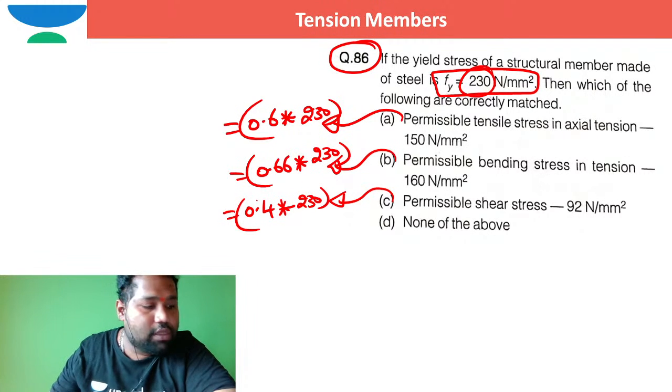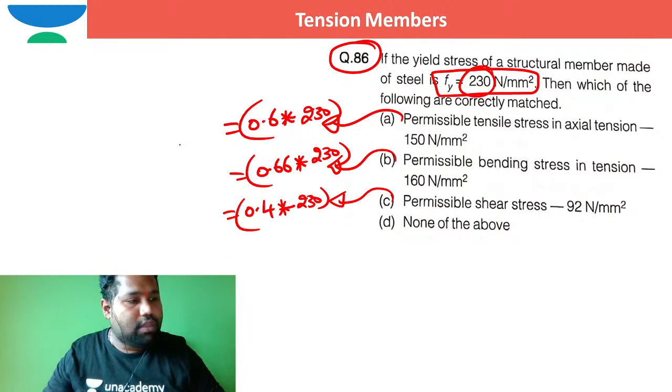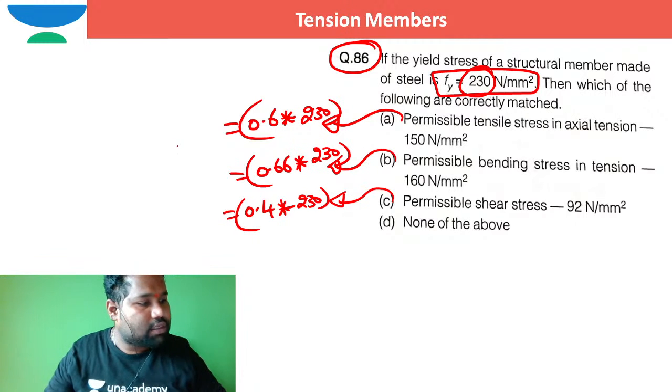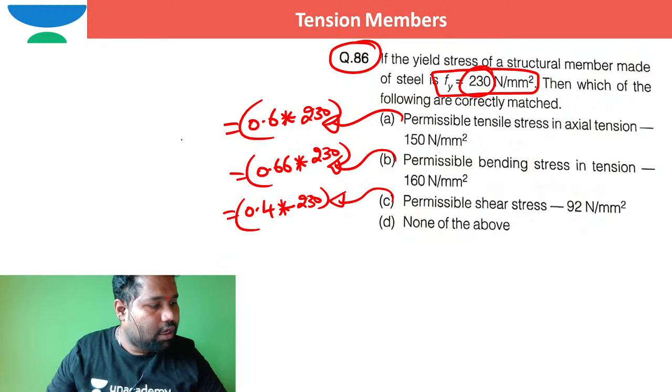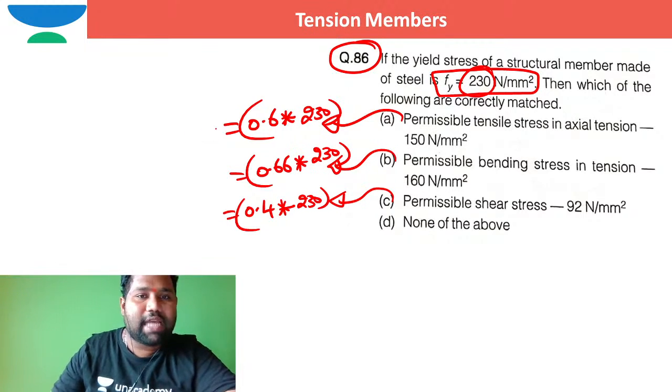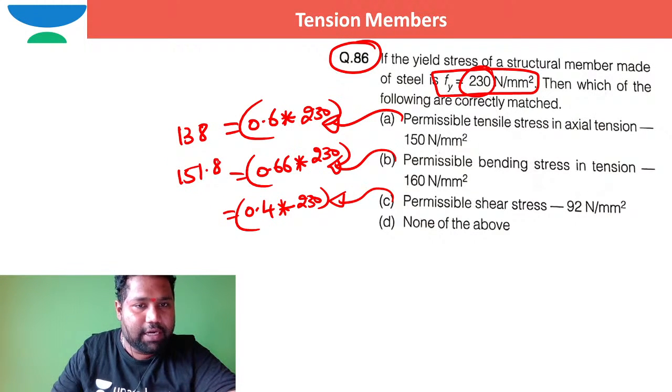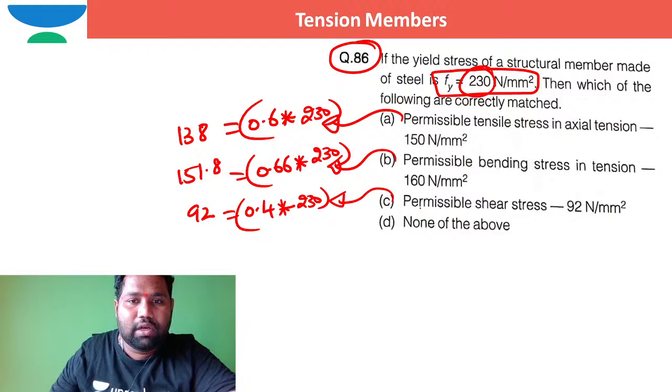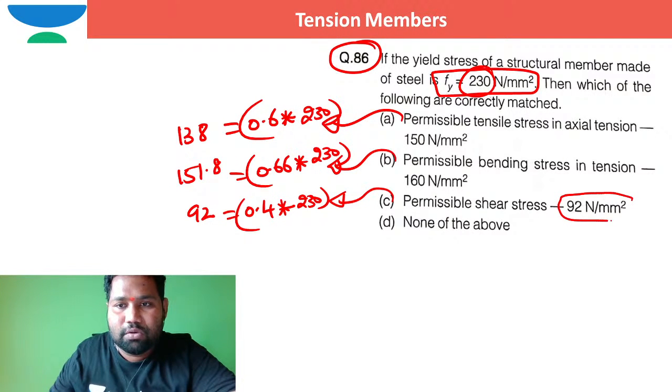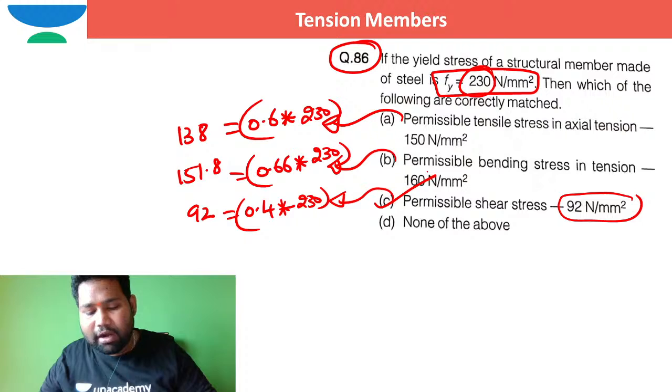If you work out these answers, one is 138, another is 151.8, and this one is 92. So 92 is matching here with 92. So the correct option is C. A and B are not the correct options.